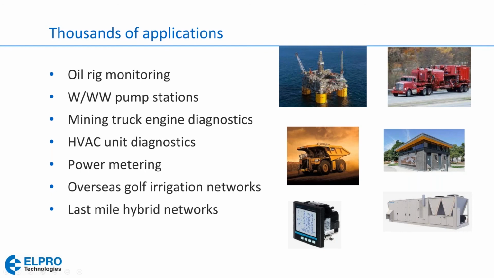And here we go, the pump station. We have tons of wastewater customers that use these cellular modems for monitoring all kinds of different parameters. Power metering. You can hook these up to these power meters and monitor your power consumption, especially important with electricity prices constantly going up, etc. HVAC units. These are huge rooftop units that they ship on the back of an 18-wheeler.